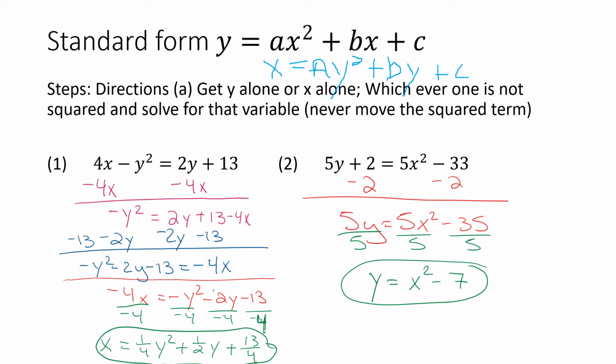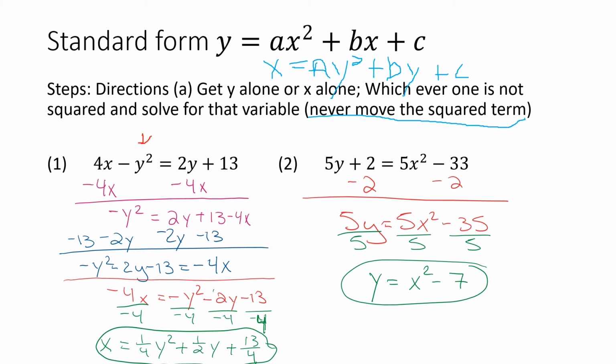But since it's the y squared, that's the thing you want on the other side. Remember, you never move the x squared term or the y squared term, because if that's negative, then it's supposed to be a negative. And if you move it and change everything else, that's always going to be incorrect. So you never move the square term, so you keep that there and focus on moving everything else.